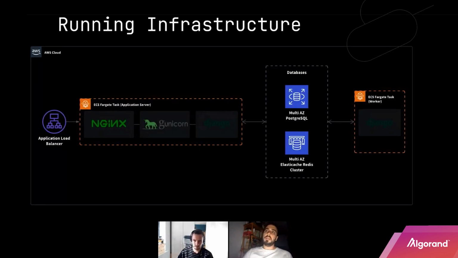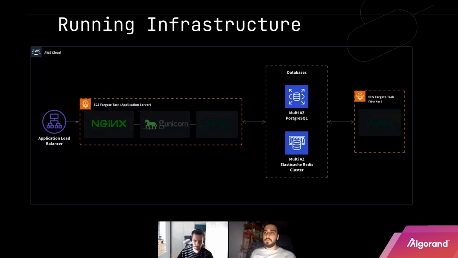But in the real-world running infrastructure, we are using AWS solutions. On the front side of our backend, we have an application load balancer, and it distributes users to ECS Fargate task clusters.